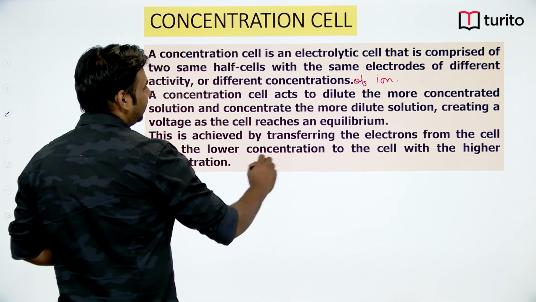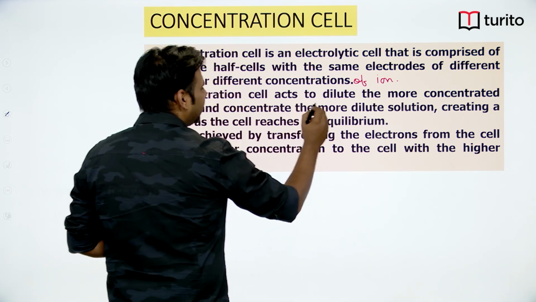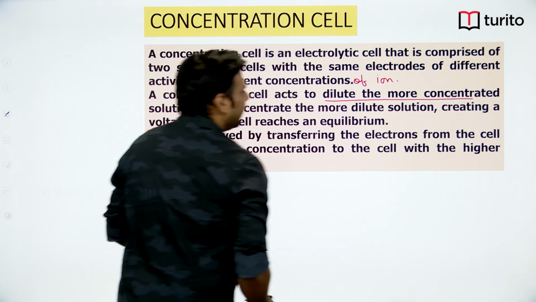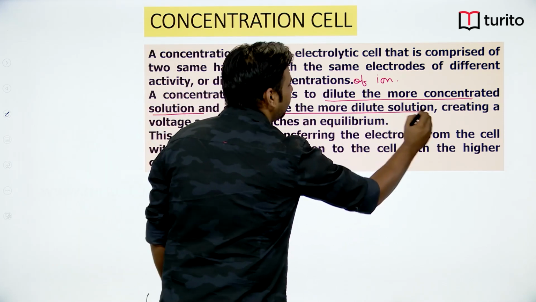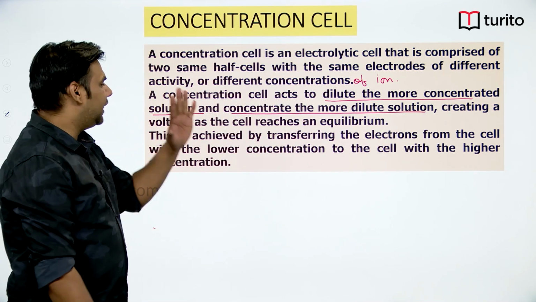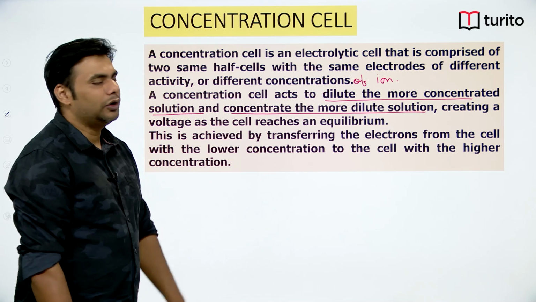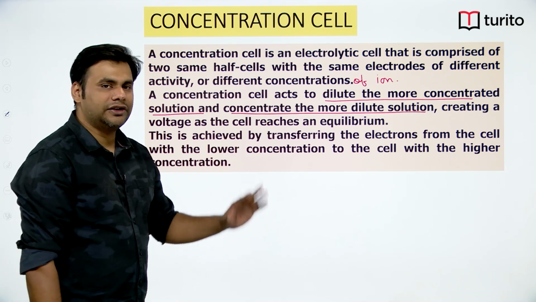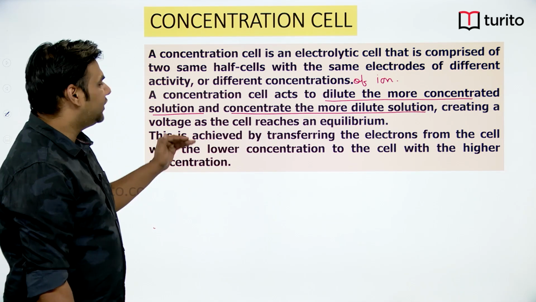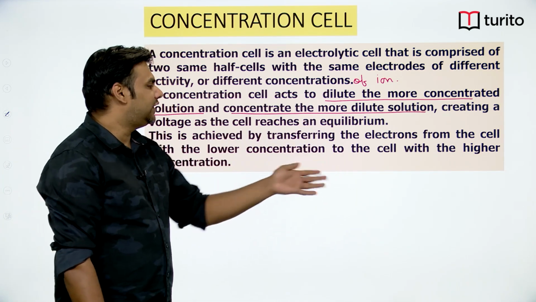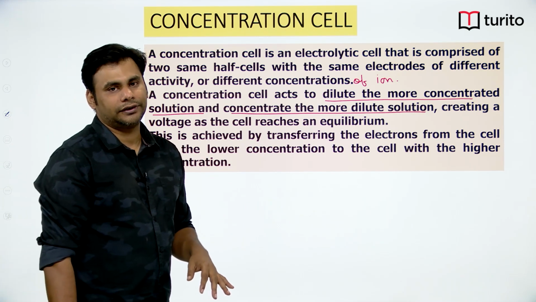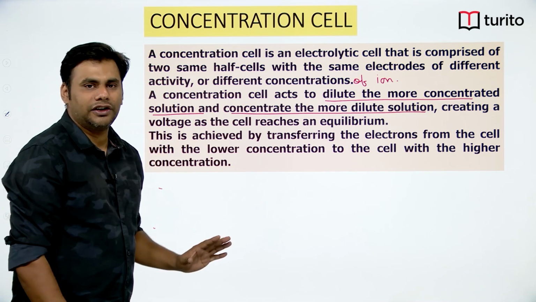You can see that this is written: a concentration cell acts to dilute the more concentrated solution and concentrate the more dilute solution, creating a potential difference or a voltage before it reaches equilibrium. This is achieved by transferring the electrons from the cell with the lower concentration to the cell with the higher concentration. I hope this basic definition is clear.